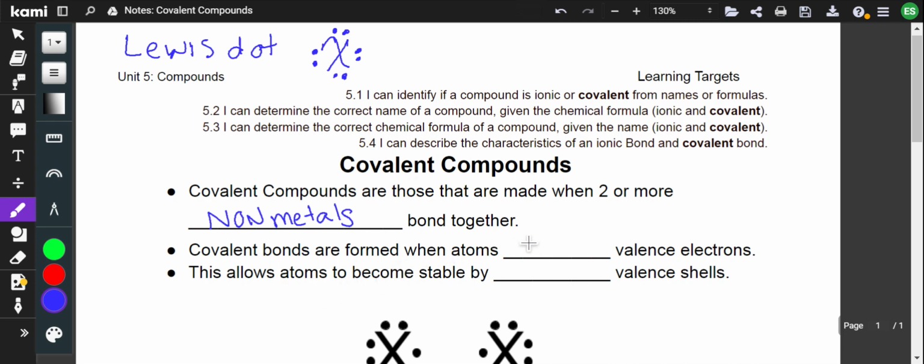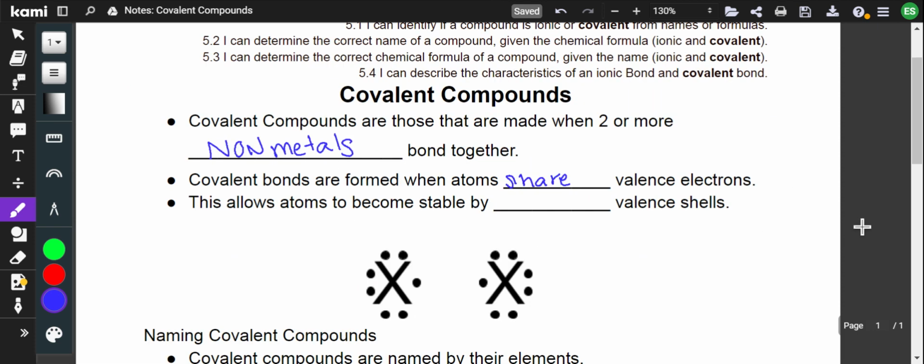So covalent bonds are formed when atoms share those valence electrons, as opposed to another type of bond, ionic, which we'll talk about later. What this does is this allows atoms to become stable by again sharing their valence shells.